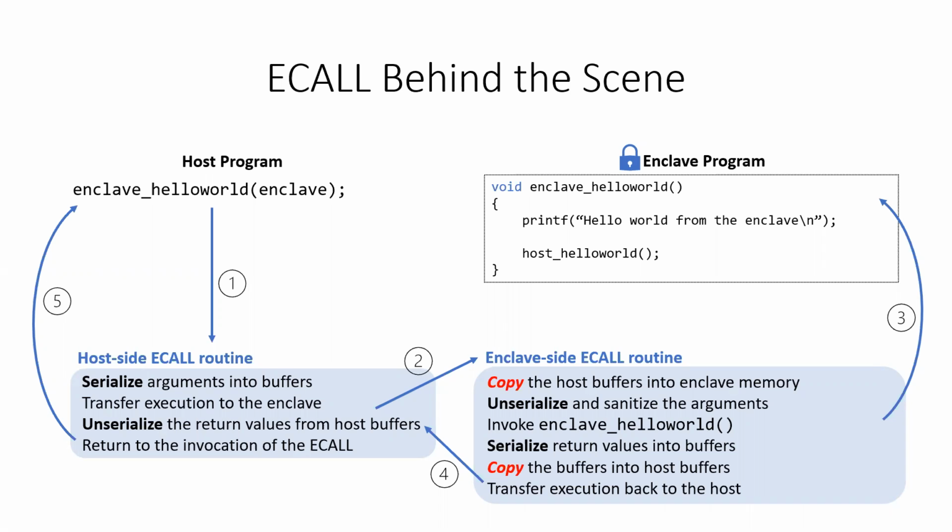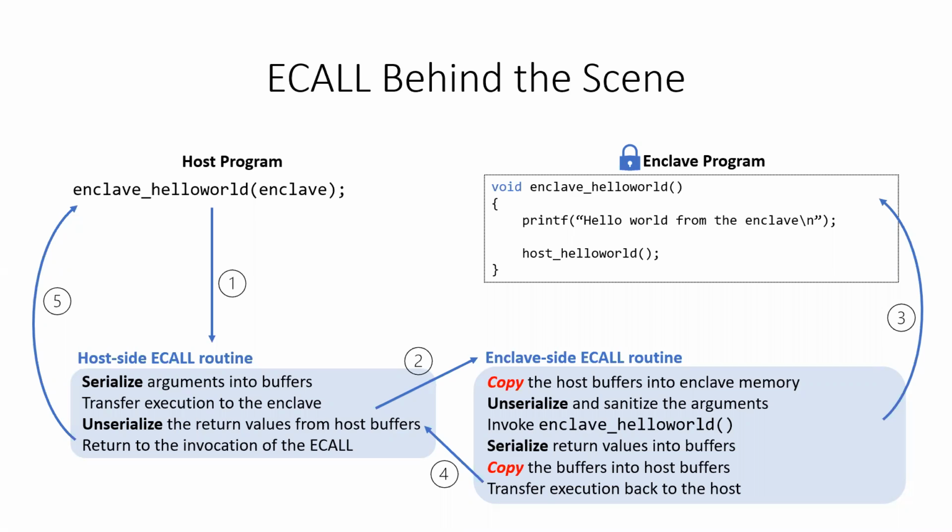So after calling enclave_hello_world, the host routine, which is defined by the edge routine, will serialize the arguments, and then at this point transfer the execution to the enclave. Note that because the enclave is a protected memory region, the host cannot access any data inside the memory region. Only the enclave side can access host memory. So it's always the enclave who takes responsibility for the data transfer.